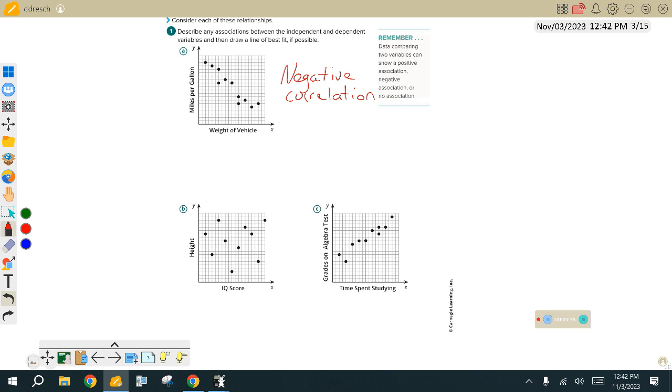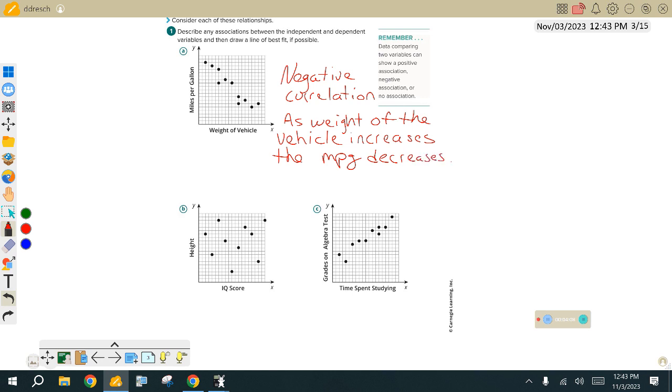So as the weight of the vehicle increases, the MPG, the miles per gallon, decreases, right? That's where that negative you guys told me was happening.